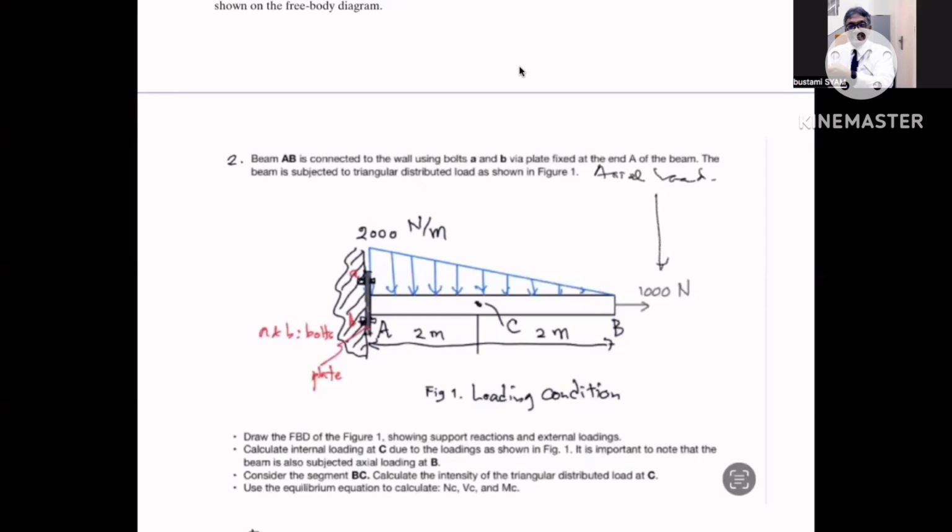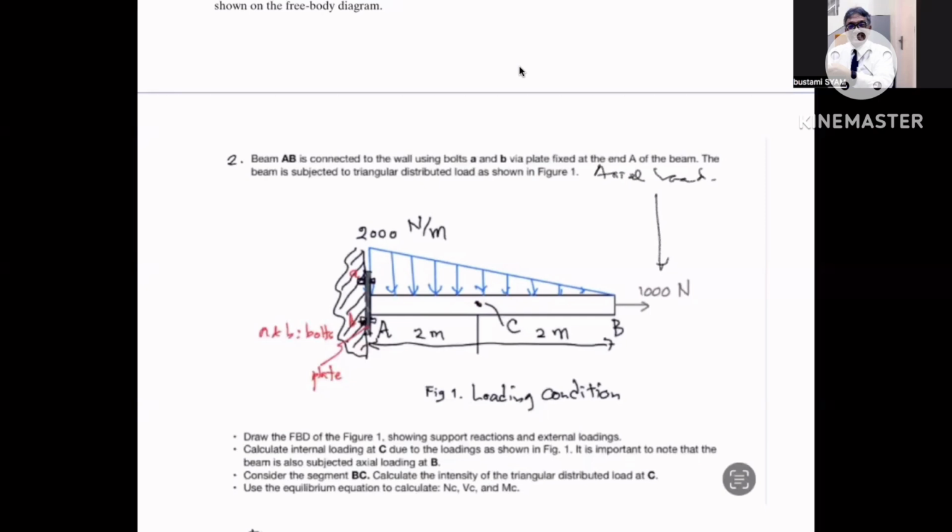So the beam is subjected to axial loading, and then triangular distributed loading as shown here. And the dimension of the beam, the length of the beam 4 meters, so AC 2 meters and BC 2 meters. What else? Yes, that's it.